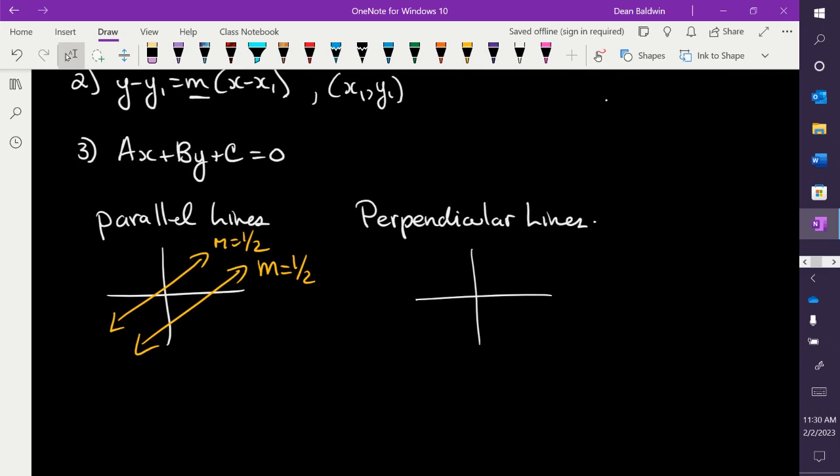What about perpendicular lines? What does that mean? If I say the lines are perpendicular, what does that mean? They meet at a 90-degree angle.